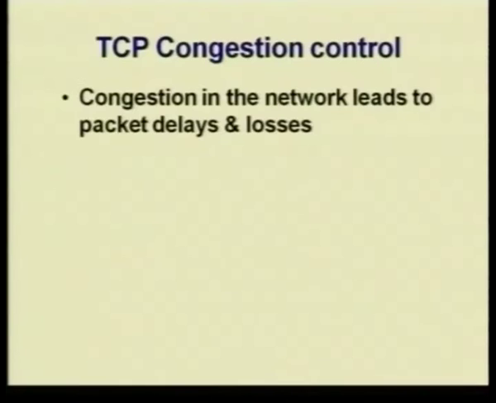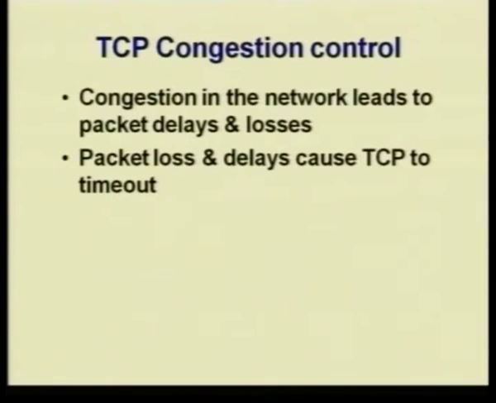Now we will take a look at how congestion control is done. If you look at TCP's congestion control mechanism, first of all we need to understand why congestion control is required by TCP. It is congestion in the network which will lead to packet delays and losses. Let us look at why congestion happens in the network.